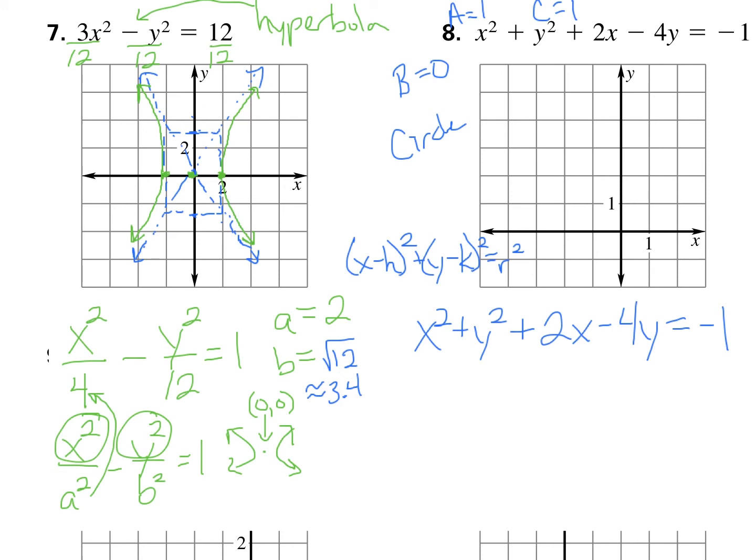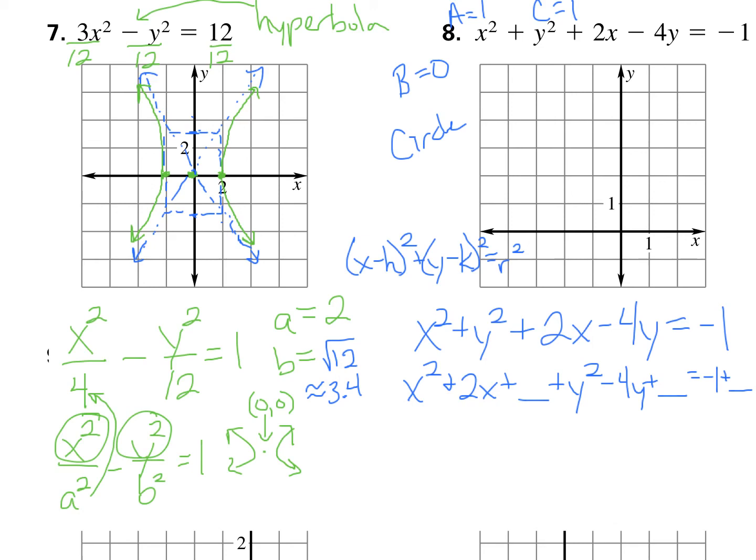So I have to complete the square here. So I'm going to get the x terms together, x squared plus 2x plus blank for my completing the square, plus y squared minus 4y plus blank for completing the square equals negative 1 plus whatever all that stuff is that I have to add to the left-hand side.